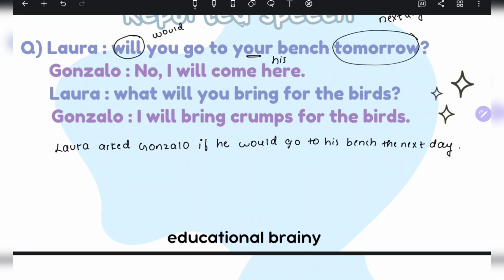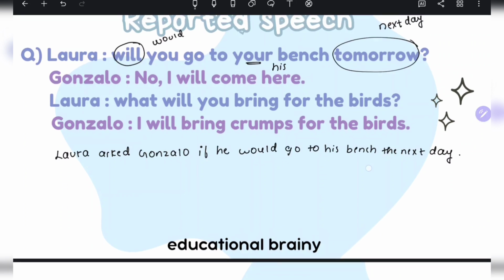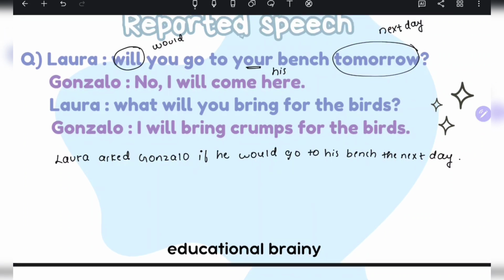So I'm going to repeat it again. "Will" changes to "would", "your" means his, and tomorrow you have to write as the next day. So Laura asked Gonzalo if he... don't write "that". Laura asked Gonzalo that: if you write this, they'll cut 1 mark. So what should you write?